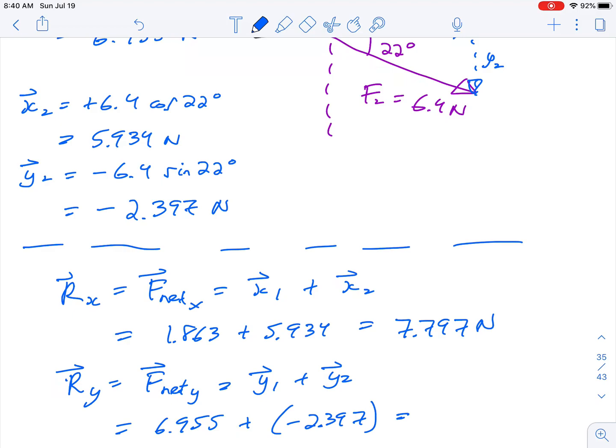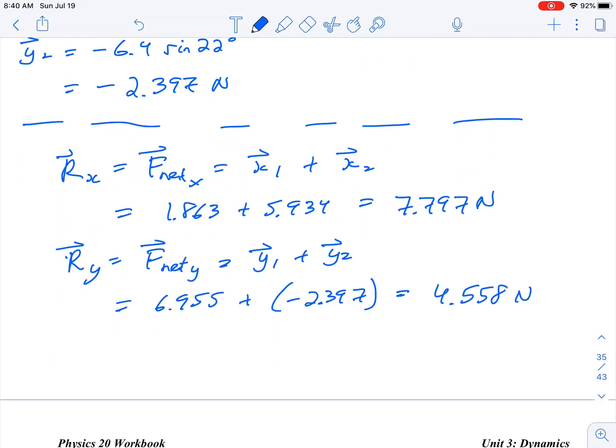About 4.558 newtons. And you see we get a positive x, which goes to the right, and a positive y, which goes up.